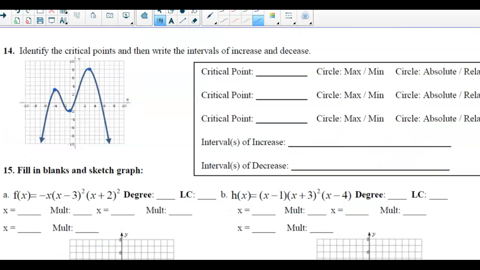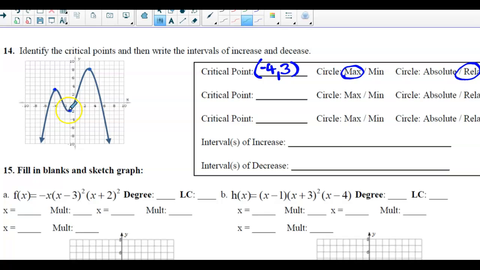Identify the critical points and write the intervals of increase and decrease. Remember, for our critical points we're looking for the maximum and minimum values. So this is the point -4, 3, and it is a maximum, but it is not an absolute maximum. It's just relative.